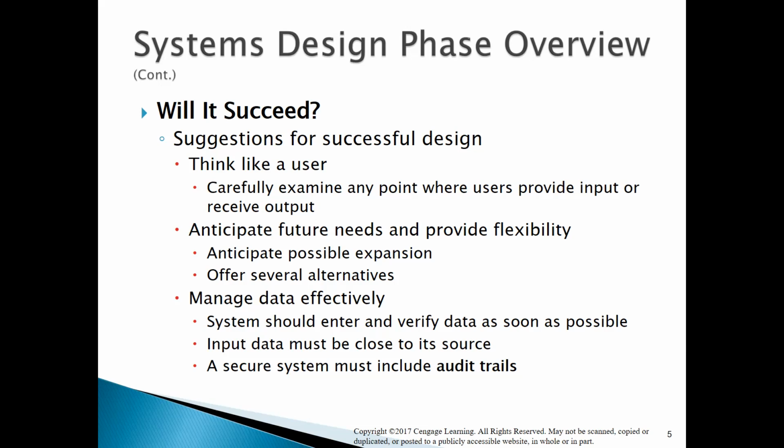Now, the very last point on manage data effectively says a system must include audit trails. When you talk about audit trails, generally it is related to accounting terms. In accounting terms, it means a detailed chronological record whereby accounts are recorded and so forth. Now in computing terms, we may call the audit trail a log. A log is a track of all the things that a system does.